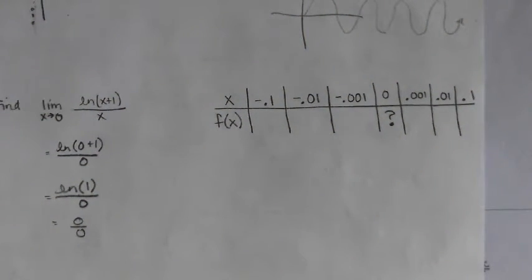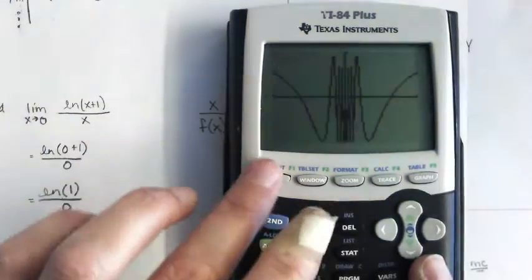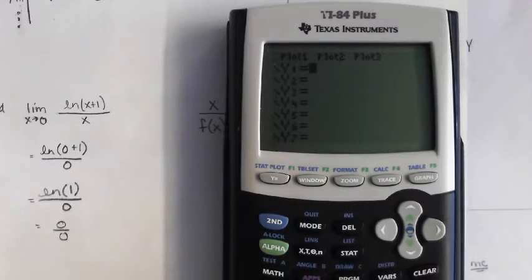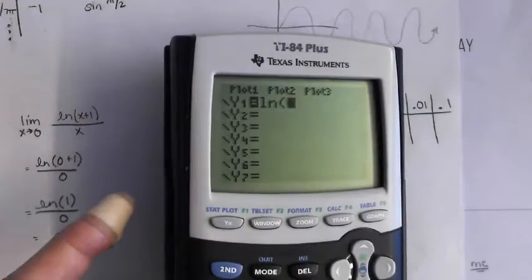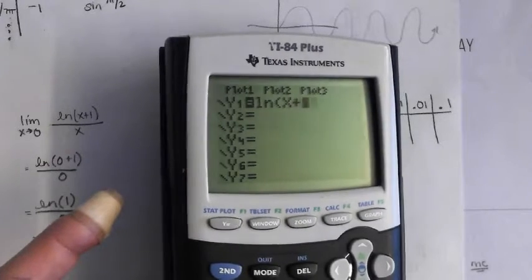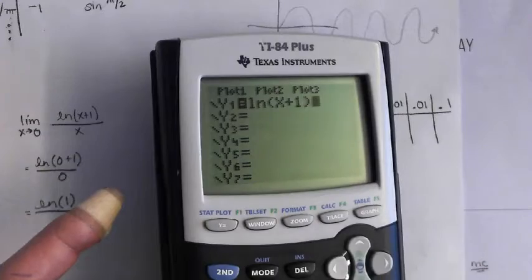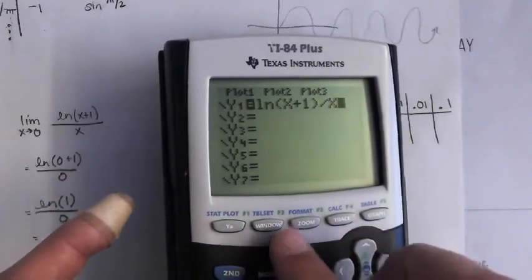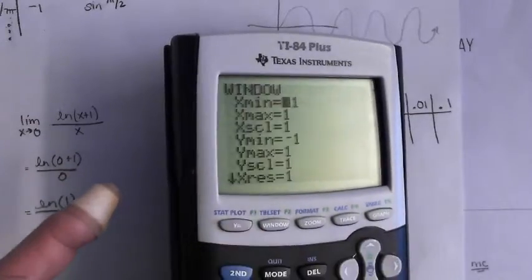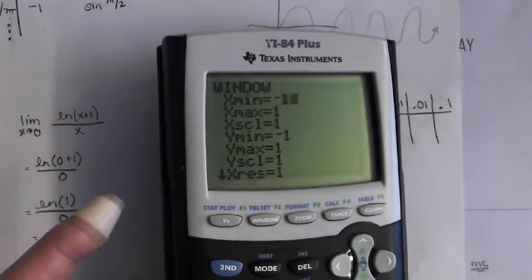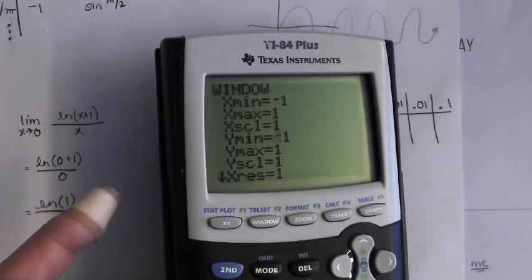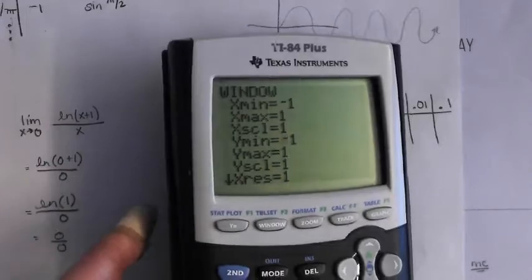So we start by doing this with a table of values. What happens as we approach 0? I'm going to use the calculator to type this function in: natural log of x plus 1, divided by x, and my window I'll do from -1 to 1 on my x-axis because I'm trying to approach 0.